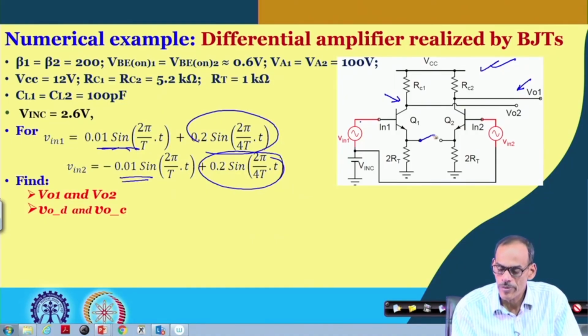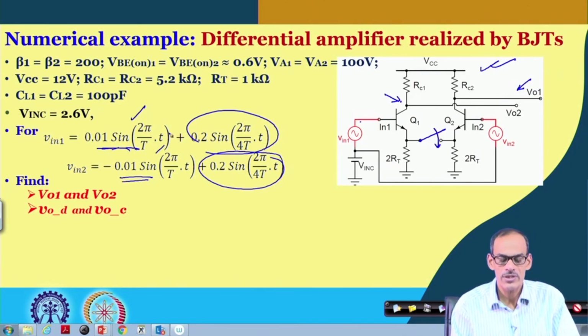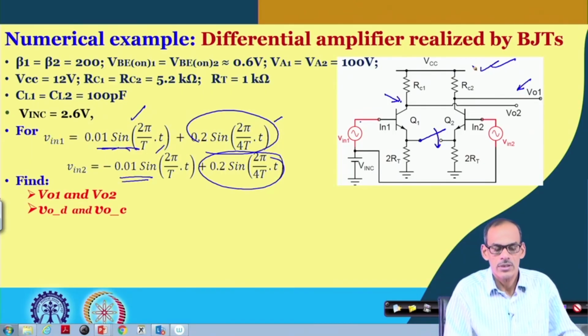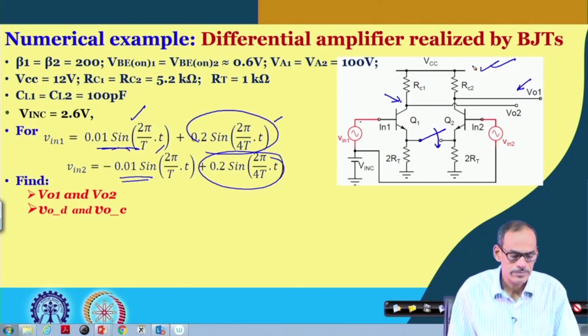Then the moment you make this connection, all of a sudden you will see the differential part appreciated, and the common mode component, however, will remain the same. So, you can do this experiment in a lab setup and get a feel of it, right.